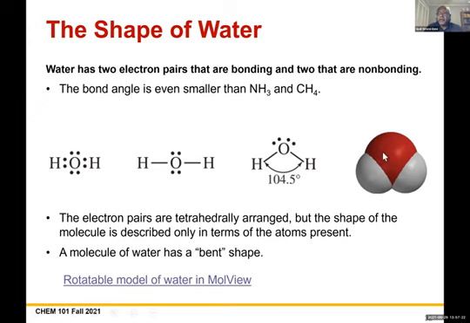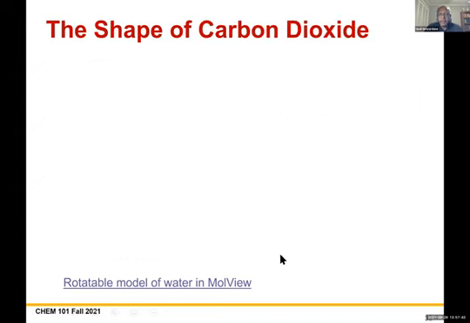If you look at the molecular shape, you're not looking at the lone pairs. You're looking only at the framework of bonding electron pairs and the bonds. The molecular shape of water is called bent shape.